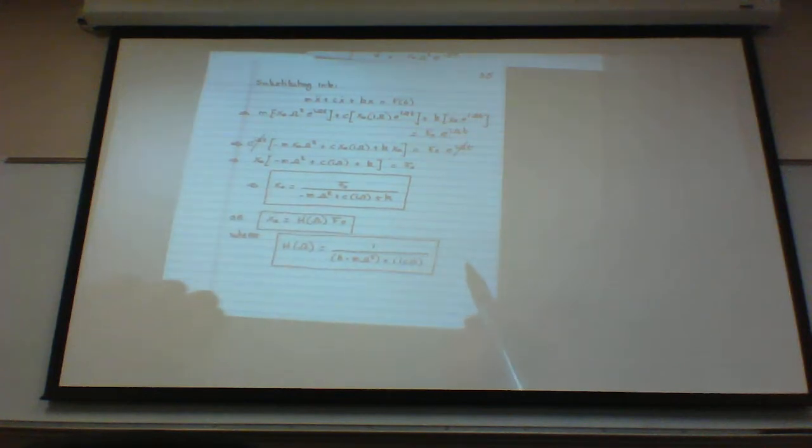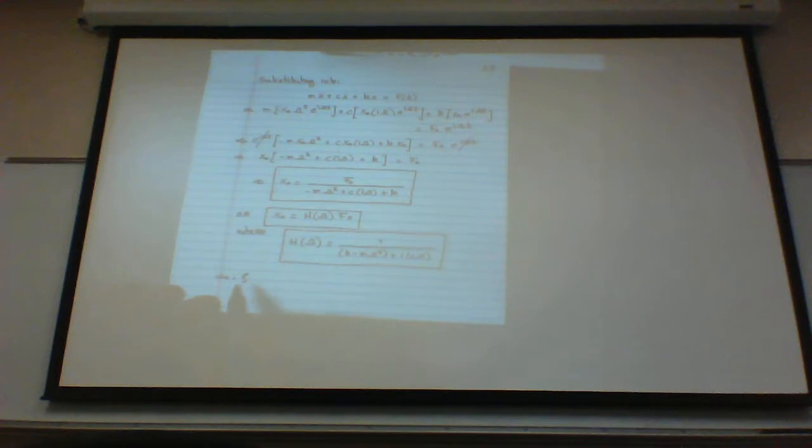We could stop the solution over here, and this will work. But in most textbooks we're going to try to rewrite this in terms of omega n and the damping ratio zeta. In order to do that, we need to go through some algebra.